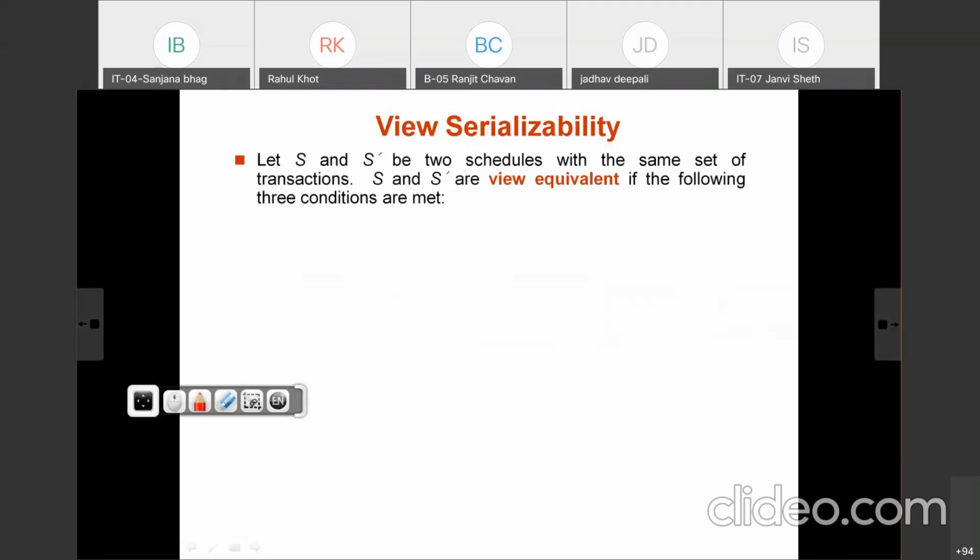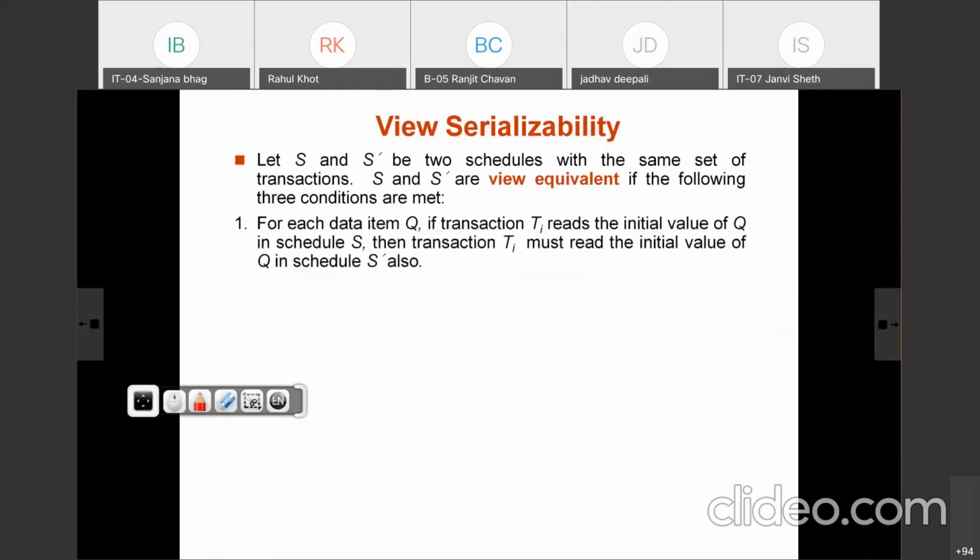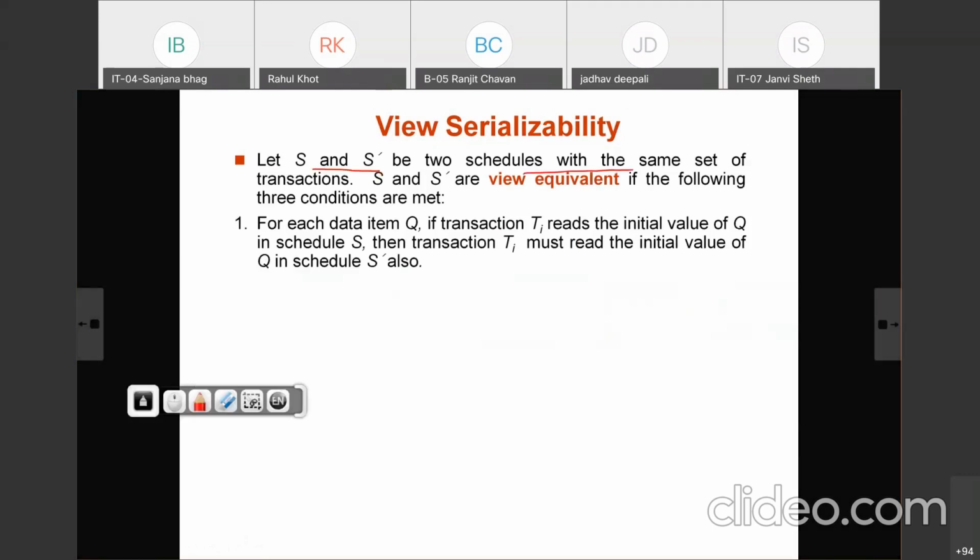Let S and S dash be two schedules with the same set of transactions. In S there are two transactions T1, T2. In S dash also there are two transactions T1, T2. So S and S dash are view equivalent if the following three conditions are met. All three conditions should be satisfied. Then only we say that S and S dash are view equivalent.